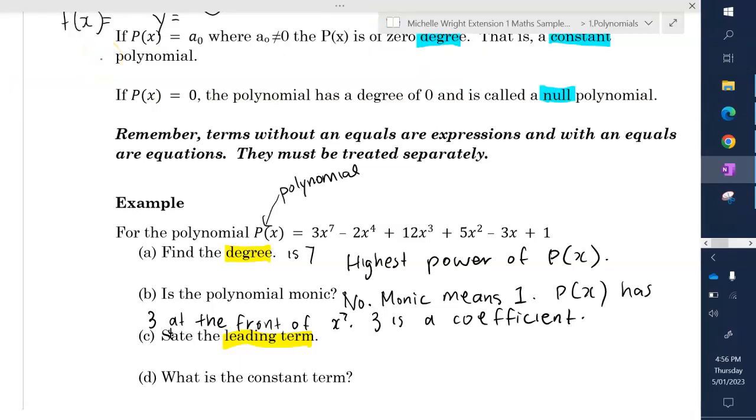Let's write that one in there: 3x to the 7. Its coefficient is 3. Its degree is 7. But the leading term is all of that. What is the constant term? Well, the constant term is the term that does not have any x in it, and it is 1. That's 1, and we'll say no x present.